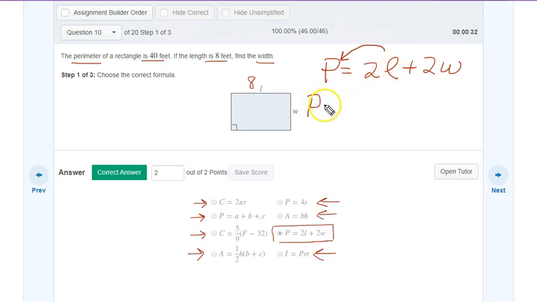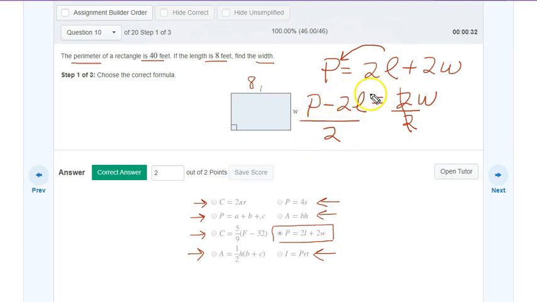Perimeter, change its sign, minus 2L. Transposing the 2L to the other side just changes its sign, equals 2W. So when you go to solve this, you're just going to divide this side by its coefficient of 2, and this by the coefficient of 2. So here the 2's cancel out, and W then equals this.